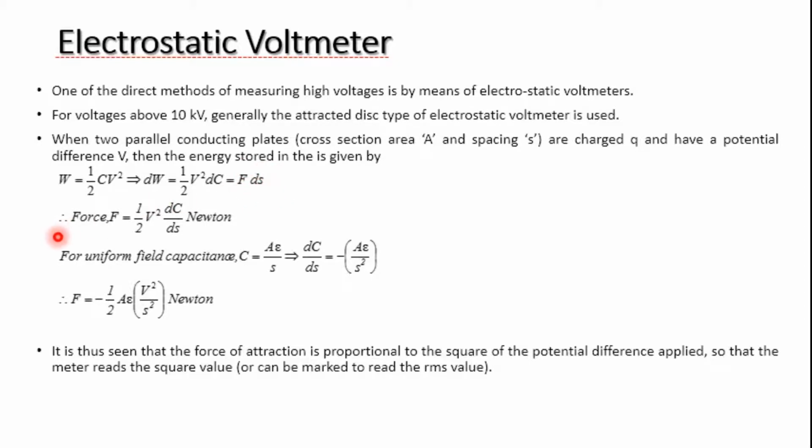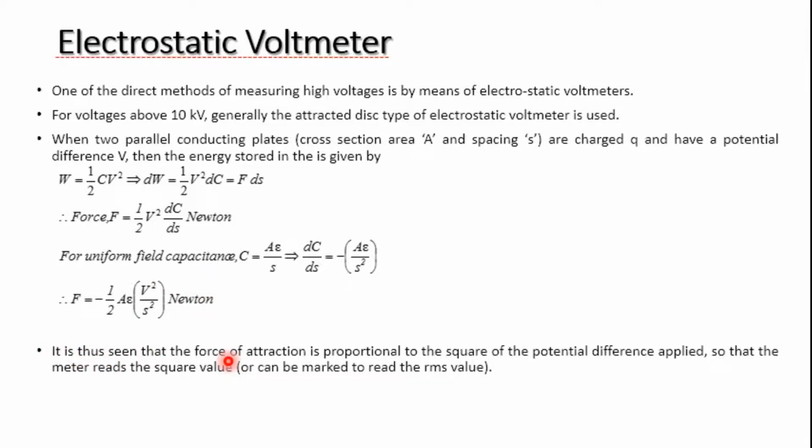So the force will become half V square dC by ds Newton, because as the distance between the two electrodes varies, the capacitance varies. For a uniform field, capacitance C is equal to A into epsilon divided by S. So differentiating, dC by ds we can write as minus A epsilon divided by S square, since we know the differentiation of 1 by S. After simplification, we can write F is equal to minus half A into epsilon V square divided by S square Newton.